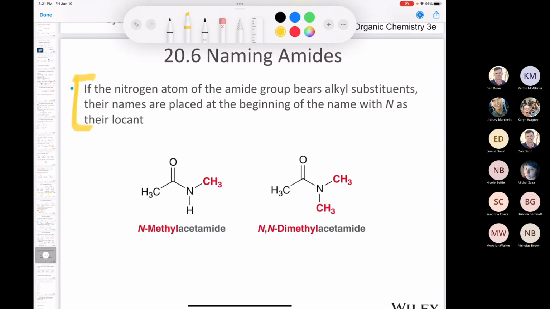It says if the nitrogen atom of the amide bears an alkyl group, you have to give that name at the beginning, and we provide the letter N as the locant. Now, it's normally italicized. You don't have to do that when you're practicing. Let's say you have one methyl, you would call it N-methyl. If you had two methyl groups, then you'd call it N,N-dimethyl.